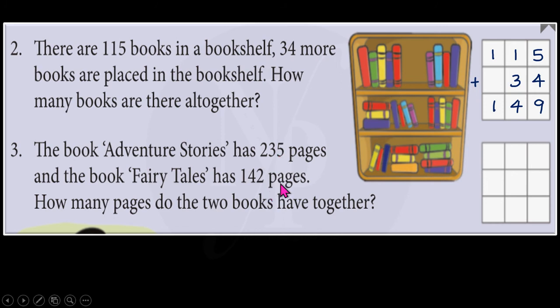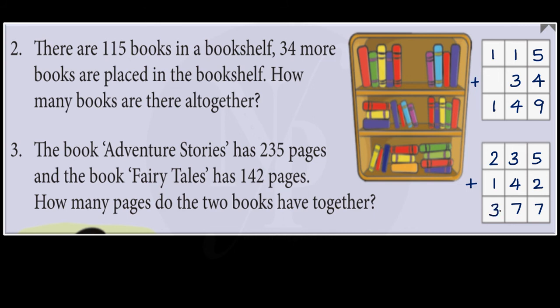Let us write down the numbers and then we will add. So the first book has 235 pages and the other book has 142 pages. We should add these to find the total number of pages. 5 plus 2 is 7. 3 plus 4 is 7. 1 plus 2 is 3.